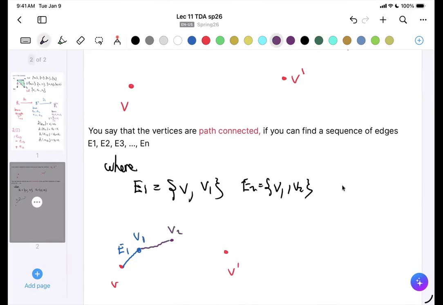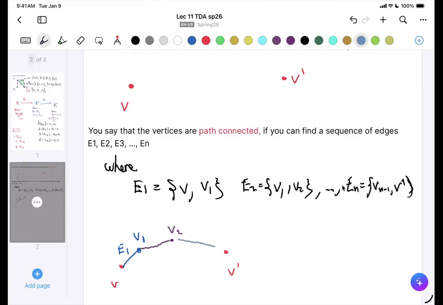And you go on to the nth step, right? You can see how I'm defining this, and the nth edge, En, would go from V(n-1) to V prime. Just to make it look path connected, I'll pretend there were three edges.